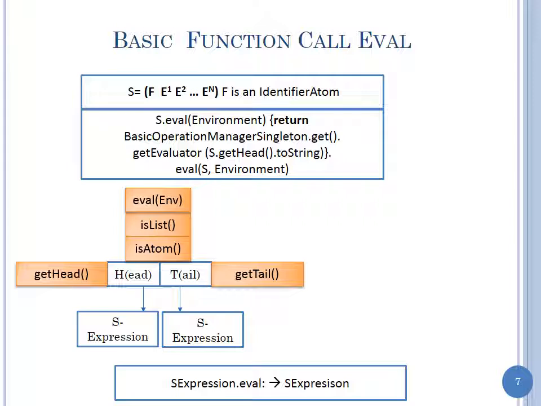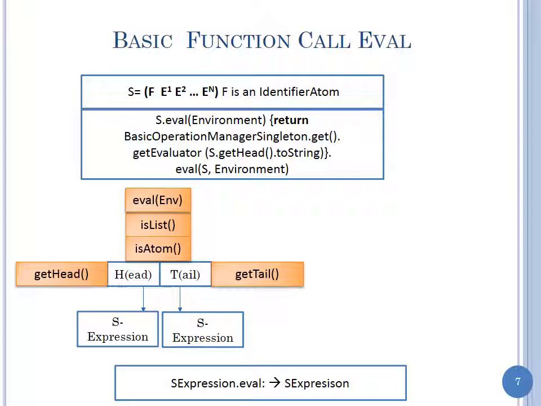So this is what we are doing now for your S expression. So for a composite S expression, not an atom S expression, a composite S expression, we go and use the basic operation manager singleton, we get it, we go and figure out what the identifier is. We assume here that F is an identifier atom.